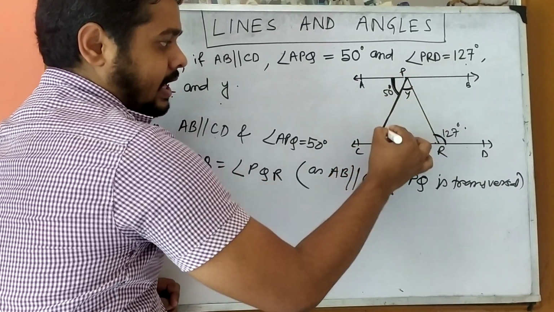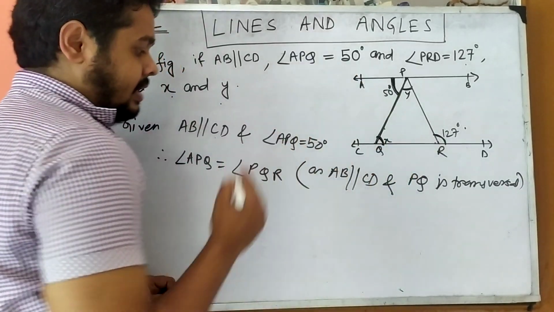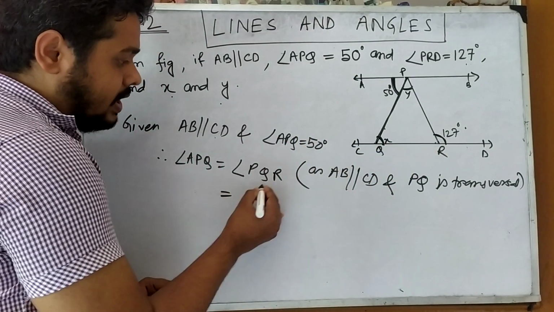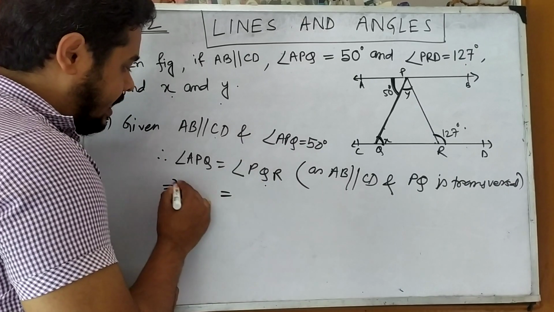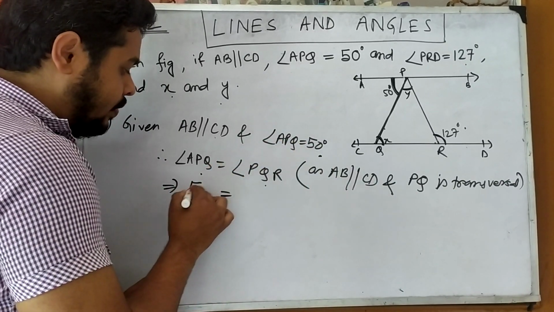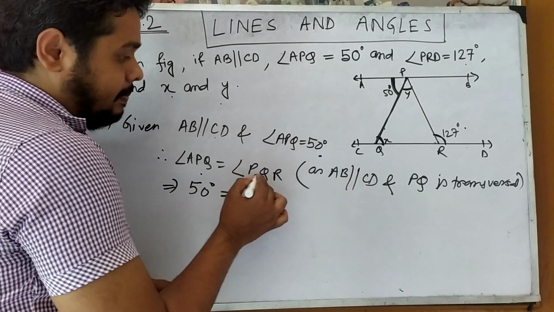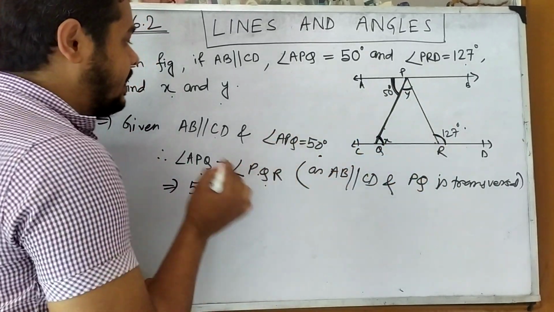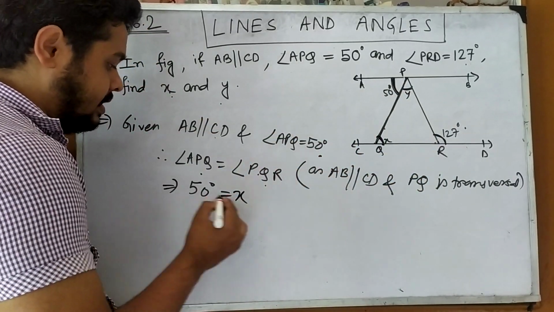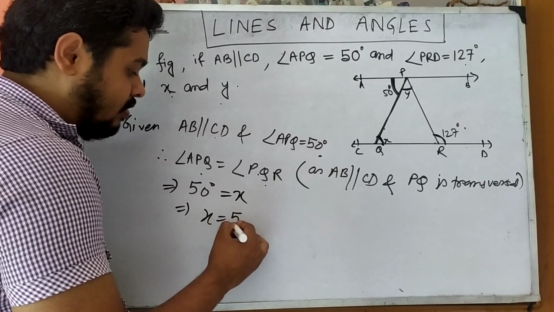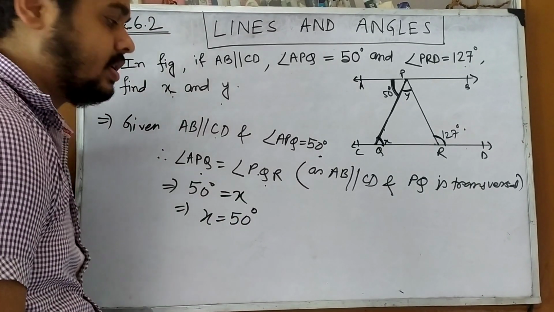So this angle and this angle are equal, and APQ is 50 degrees, and PQR, as mentioned in the question, is X. So we can say the value of X is 50 degrees.